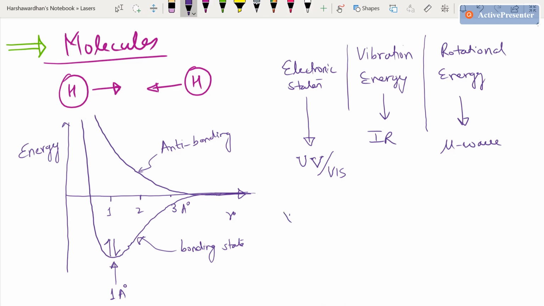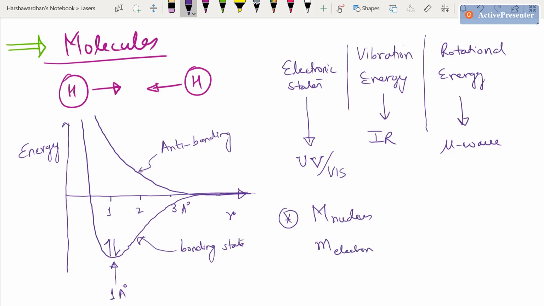So just take this, one can actually do a very simple calculation to support this. The energy distinction is arising precisely due to the difference in the mass of the nucleus in comparison to the mass of the electron.